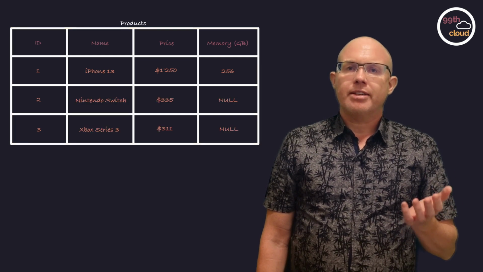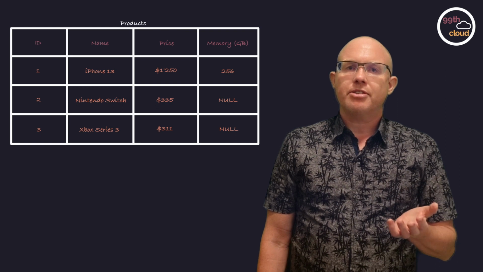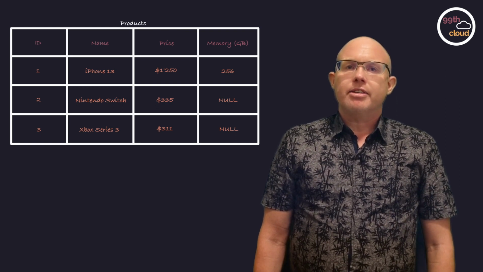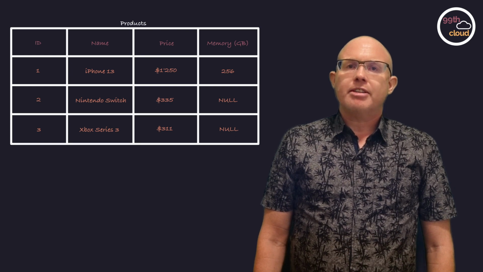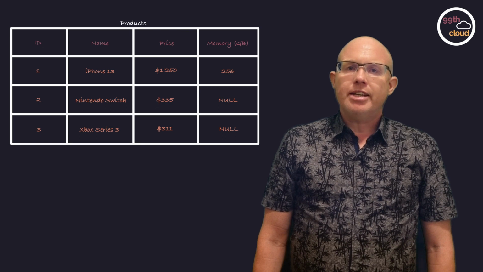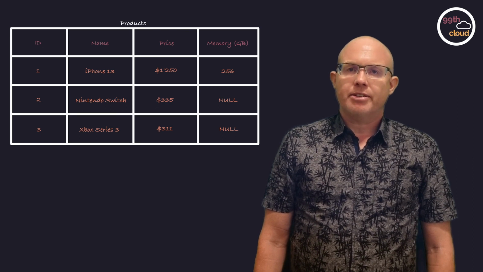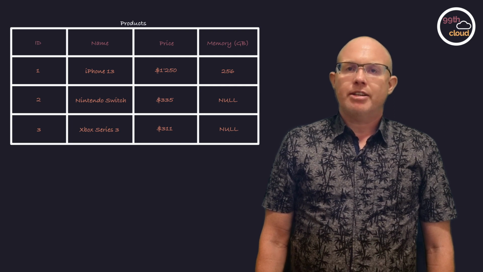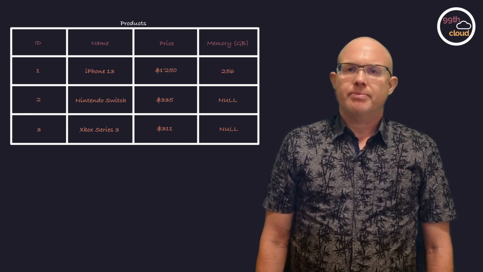Let's take a look at how such a table would be structured in a relational database. In the products table, the first attribute will be the primary key. The primary key is unique and identifies the record. Additionally, we have a name, price, and memory attribute.